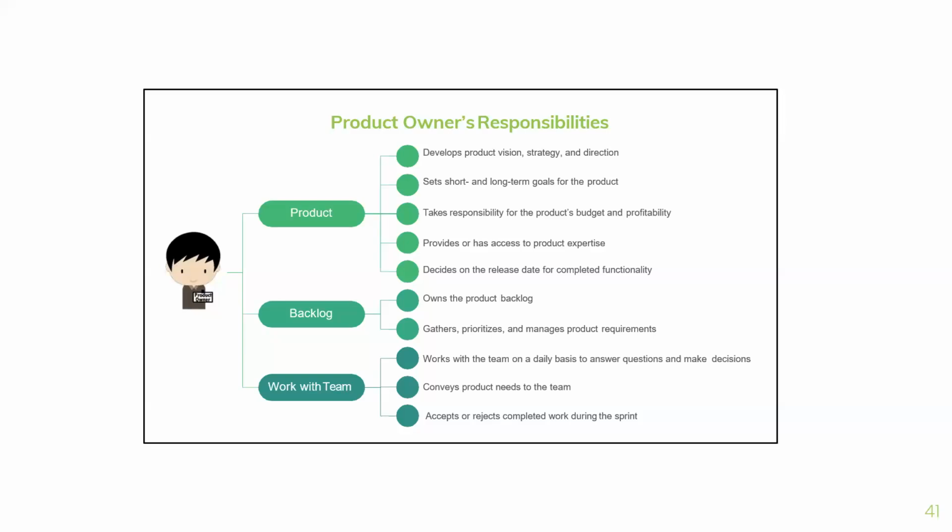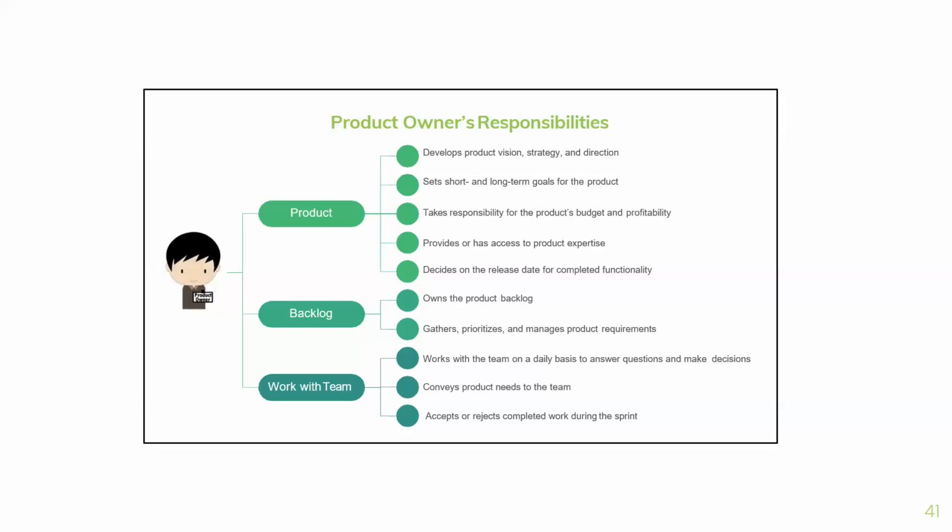Right. So the product owner has access to product expertise. So you most likely see him attending events, speaking at events, especially your product managers. They're most likely speaking at events, having conversations with people about their products, how their products can be better, depending on if it's a B2B product.